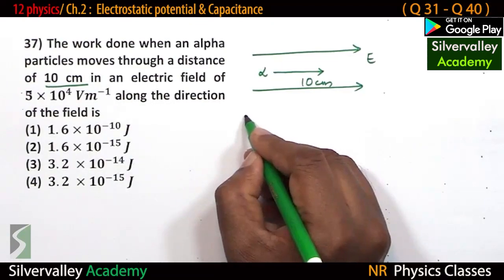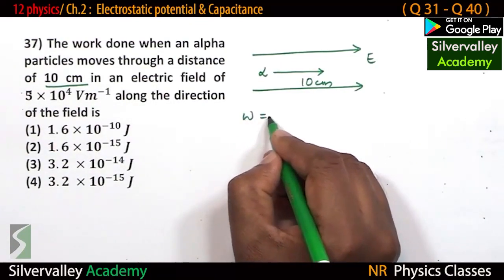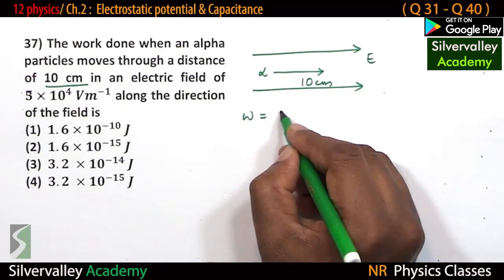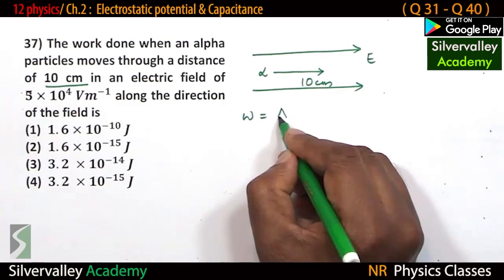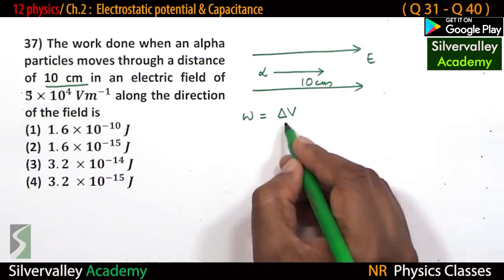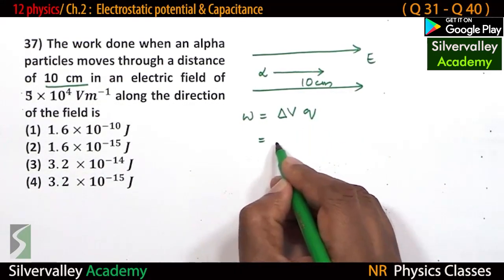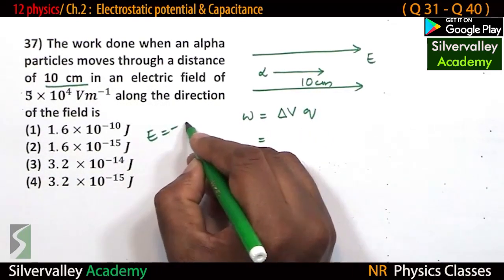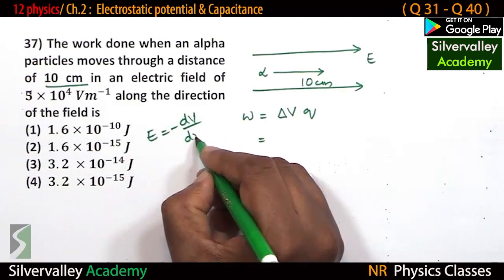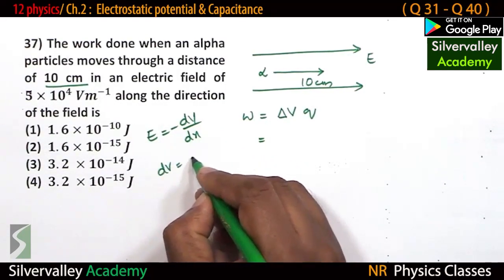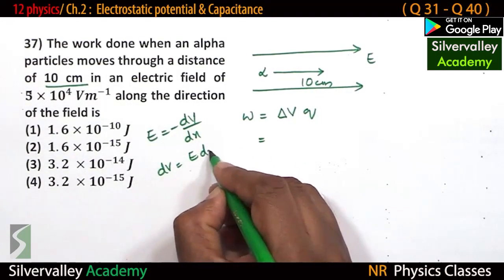So work done equals potential difference into charge. But E equals minus dV by dx, so dV equals E dx.